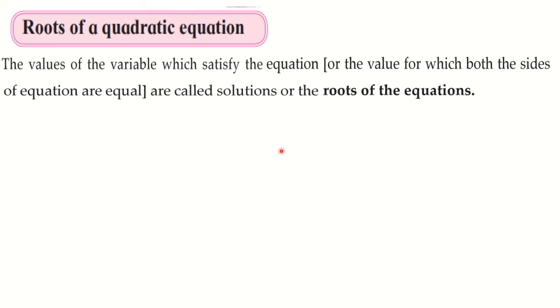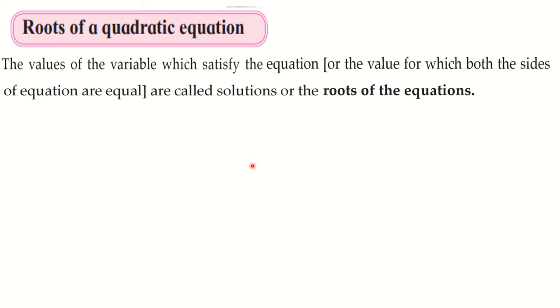Always keep in mind, whatever is the degree of the equation, maximum that many solutions we get. For linear equations in one variable, we get only one solution. For quadratic equations, maximum 2 solutions. For cubic, maximum 3 solutions. In this way, the degree of the equation and the solutions are related.